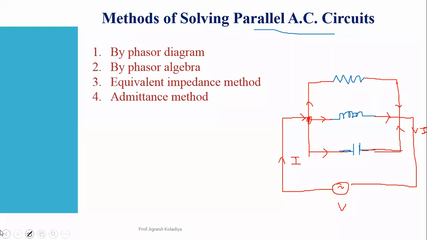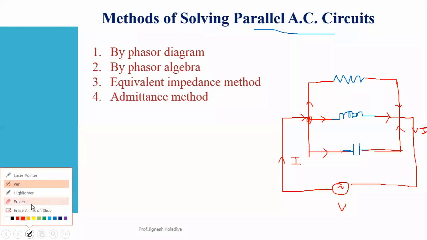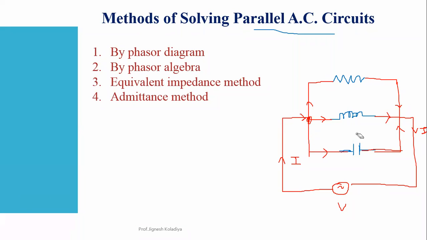Now if you look at this circuit, this is our parallel RLC circuit. If I remove the capacitor from this, it is a parallel RL circuit, and if instead you remove the inductor, then that will be your parallel RC circuit.